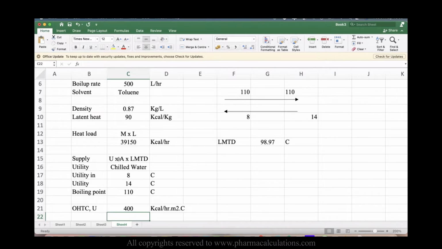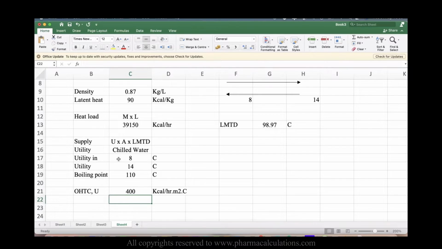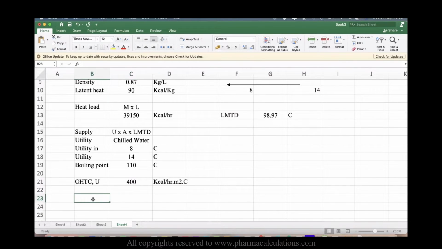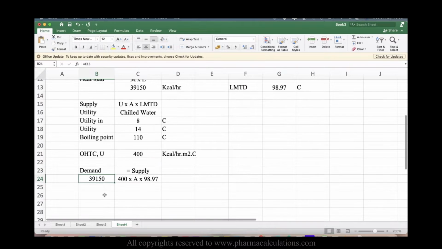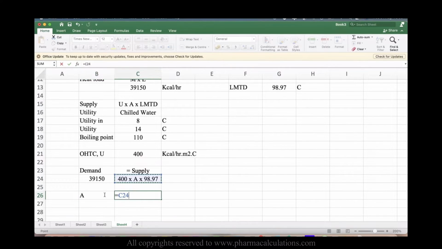In order to do that, we have to perform the energy balance. It is nothing but equating both demand as well as supply, so demand equals supply. Here the demand is 39,150 kilocalorie per hour, while the supply is 400 into A, which we don't know, into an LMTD of 98.97. We equate both, so A equals 39,150 divided by 400 into 98.97.